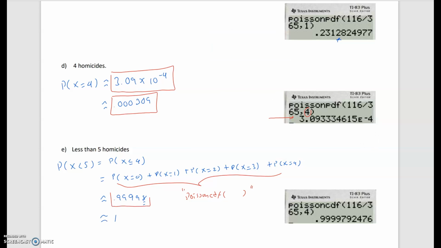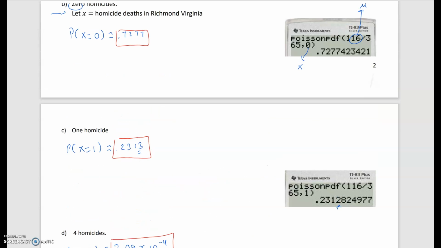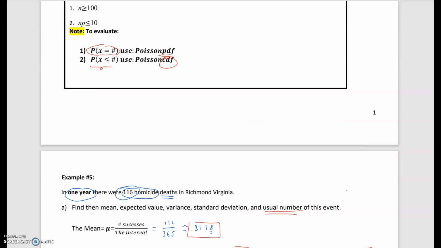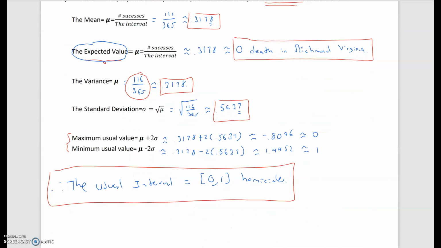I'm just going to keep a couple more decimals. So I see 4 9s and then an 8, which is literally almost 1. Once again, in this scenario, we're evaluating a CDF because the statement translates to a less than or equal to an integer.